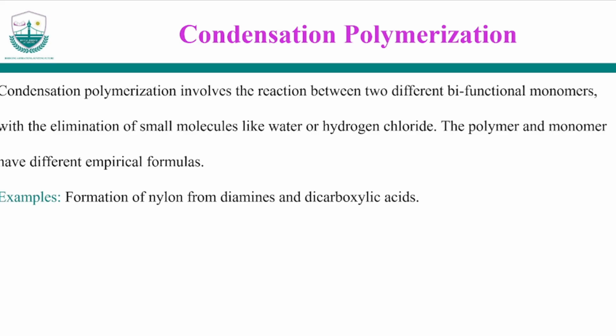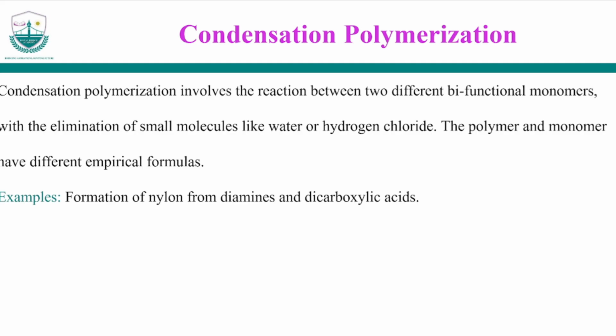Okay? So as a result, you usually have byproducts. So these byproducts can be ammonia, can be water, can be hydrogen chloride. Remember, in addition polymerization, we studied there is no other product given out.